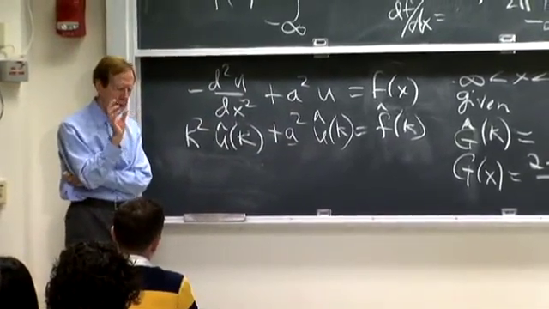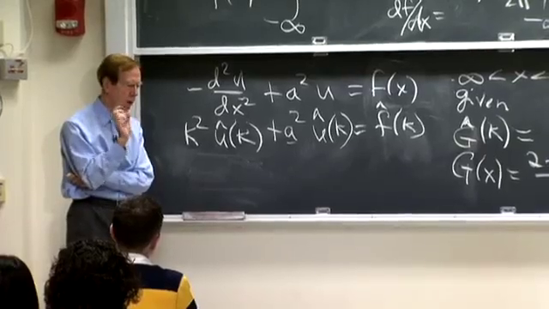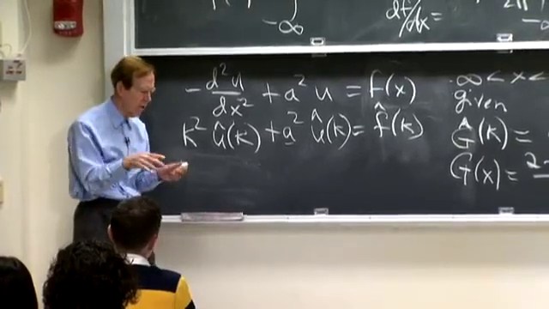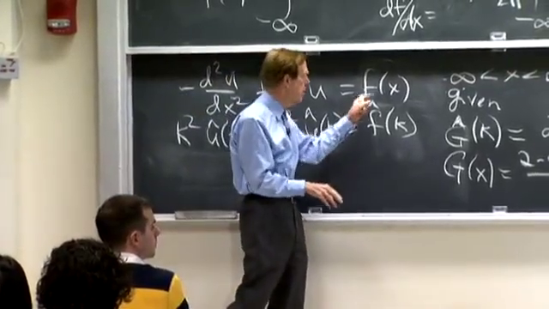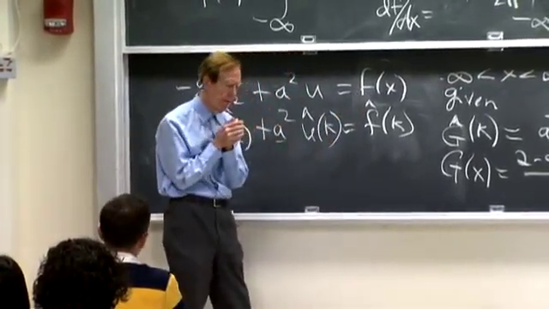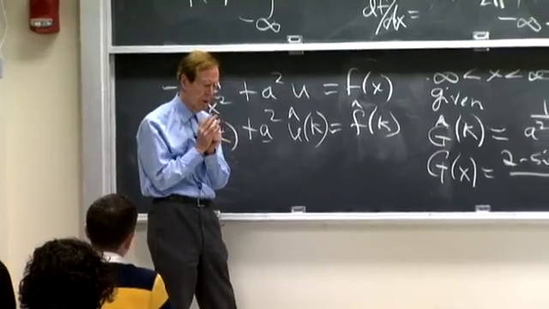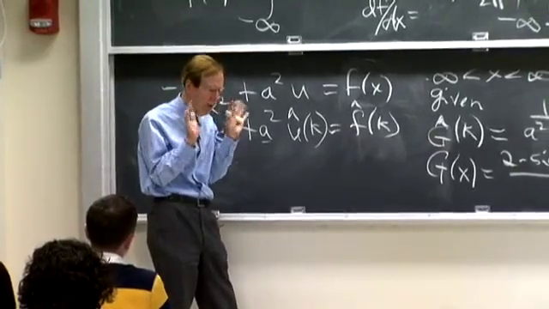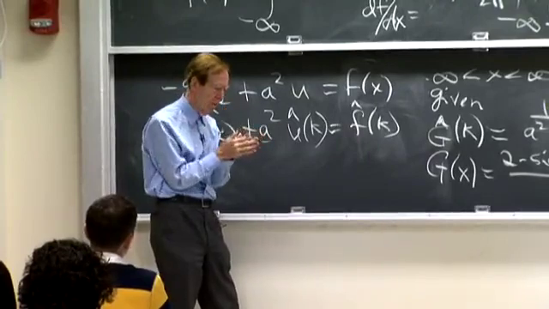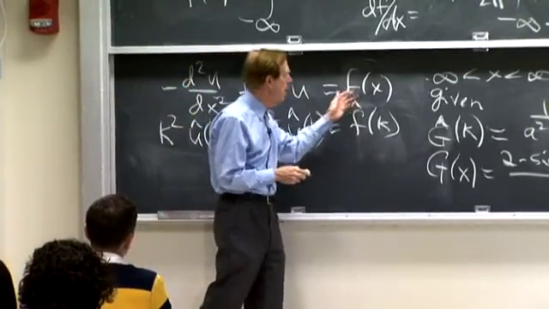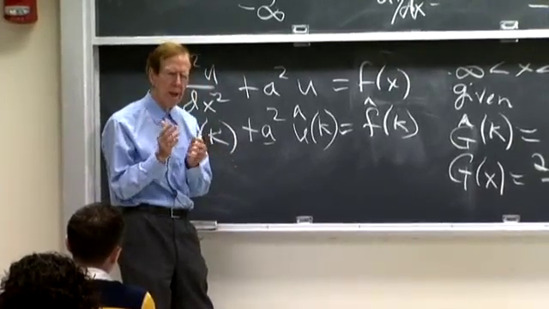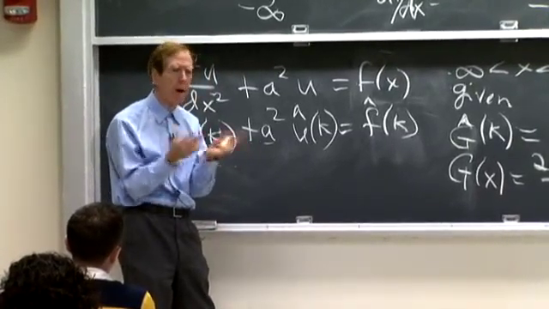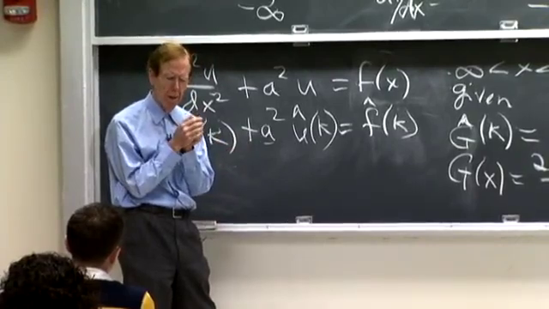You should have an intuition for how the Green's function works. The Green's function was the solution when the source term was a delta. And here's the intuition. It's rough, but it works. Any source term, f of x, is in some way a combination of deltas.